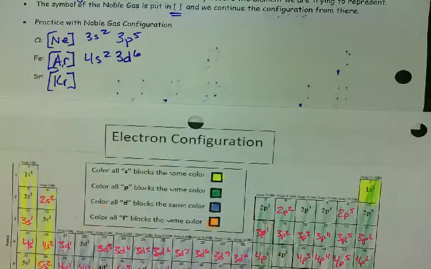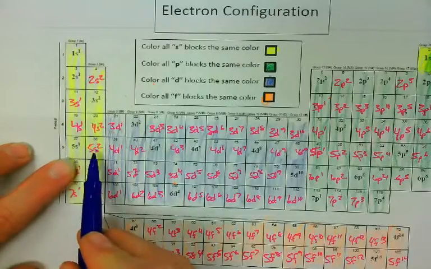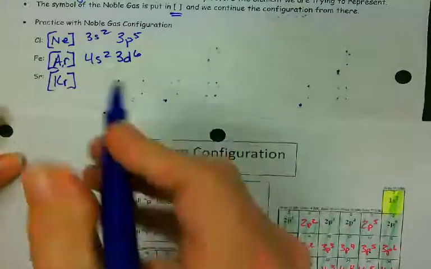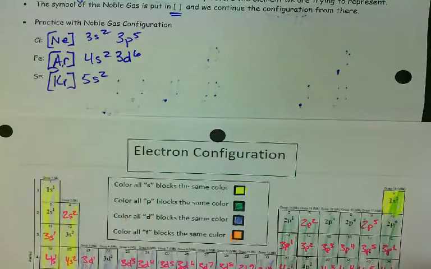So we know that krypton only has this part after it, this block, that 5 block. And it ends on 5s2. So all we have to do is write 5s2 and that one's done. We don't have to write all that extra pieces to it for each level that it changed because it's got that noble gas in it.